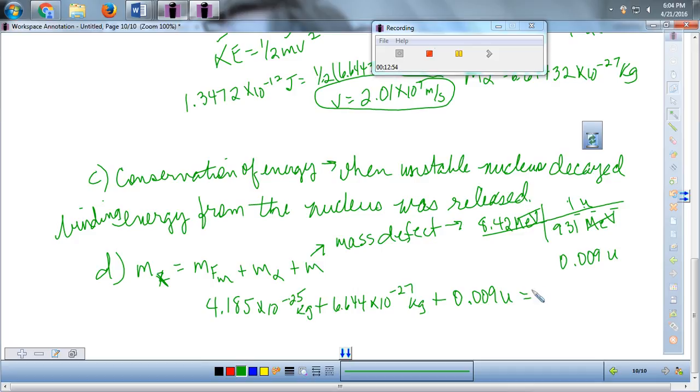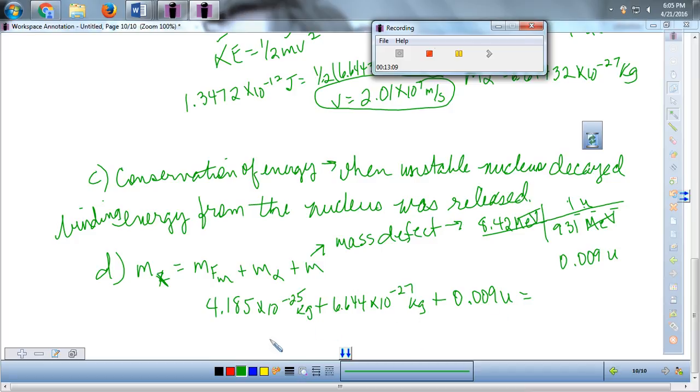So when I added those all up, I can't leave that in U's. Well, I guess I could if I knew these all in U's, and I think I do. Okay, do you see what I did wrong?